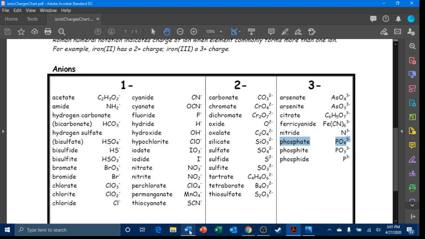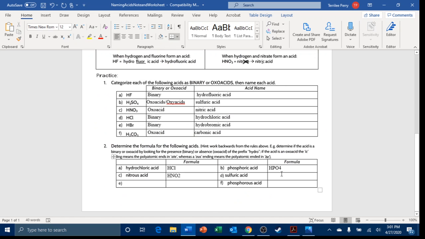So that 3 is going to come down in front of the H. So it's actually going to be H3PO4. Okay, let me do this so it looks better. And that's the way it's supposed to look, because you're matching up the ions.